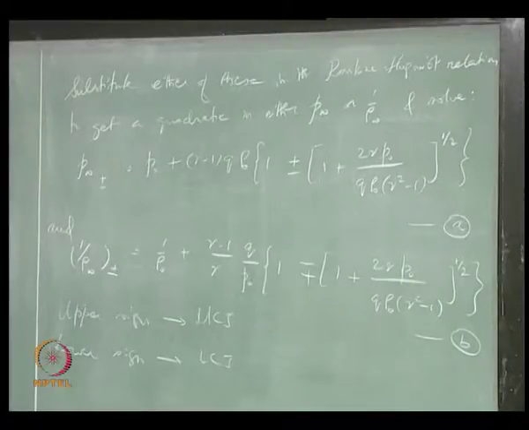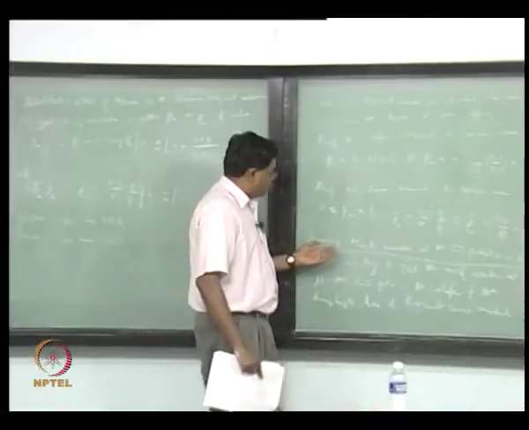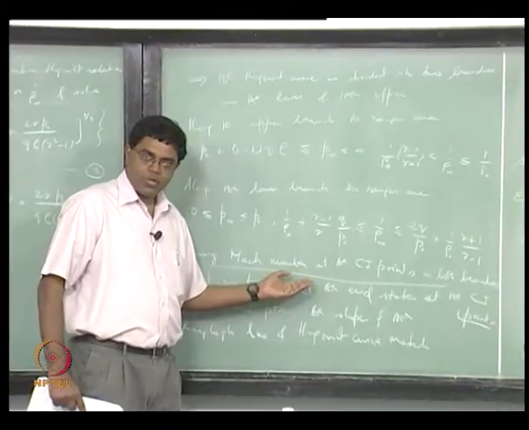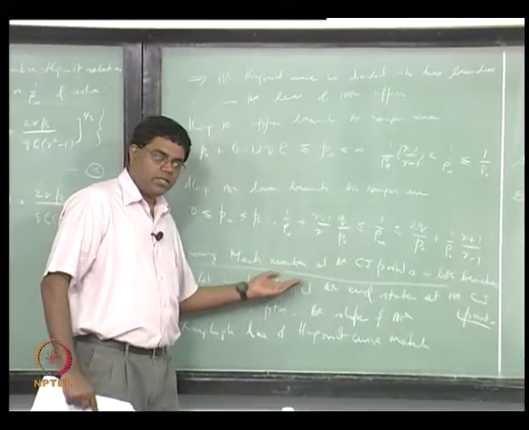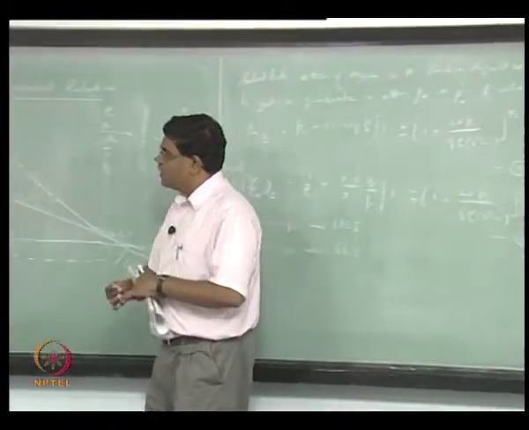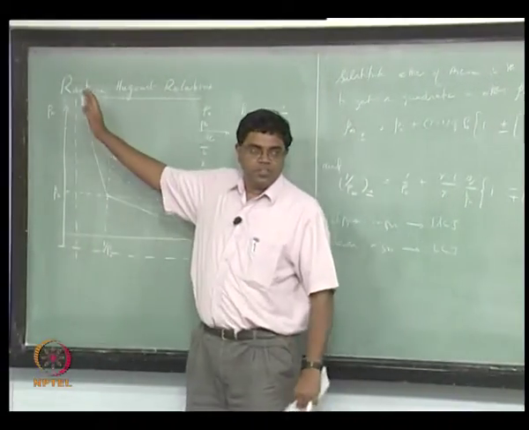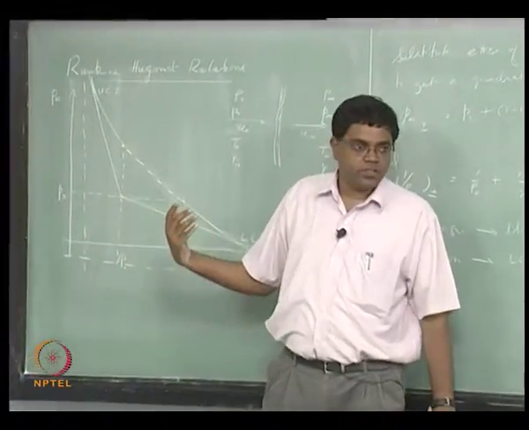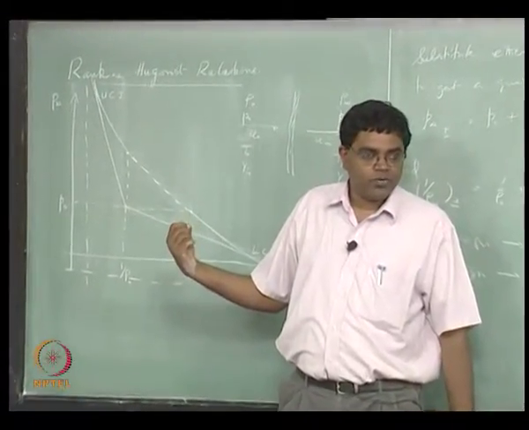Now what do we want to do? We want to now look at what's the incoming Mach number. Why do you want to look at the incoming Mach number? Because we want to know how fast the Cj detonation wave and the Cj deflagration wave are going to travel, right.